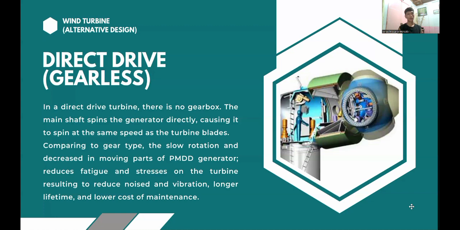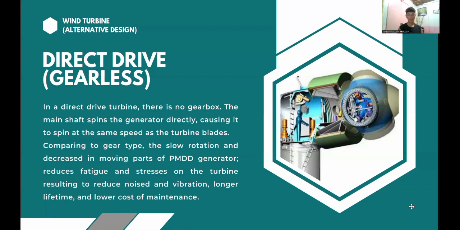So yung direct drive daw, yung gearless, wala daw siyang gearbox. So yung turbine daw ay nag-i-spin sa mismong generator. Ang kaibahan nito sa gear type, the slow rotation and decrease in moving parts of PMDD generator.